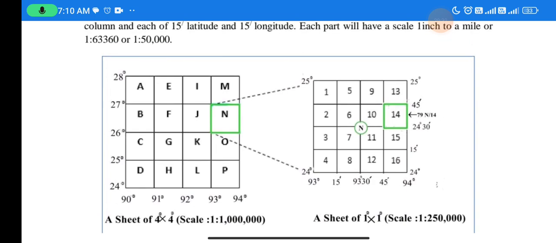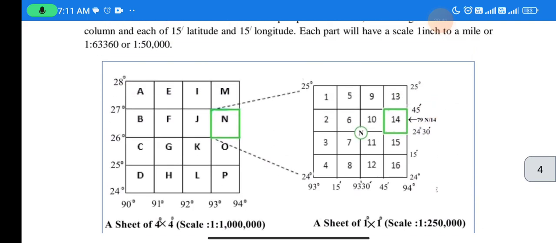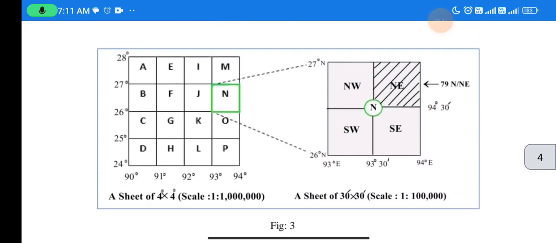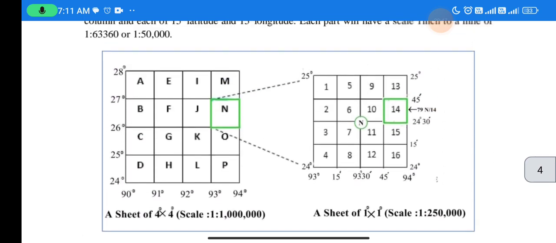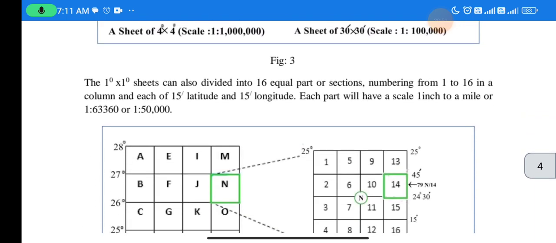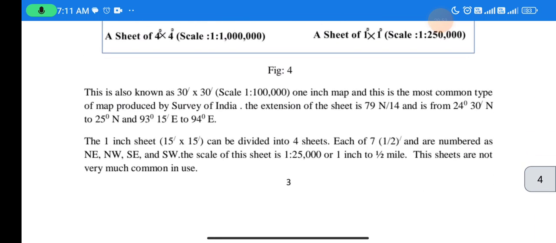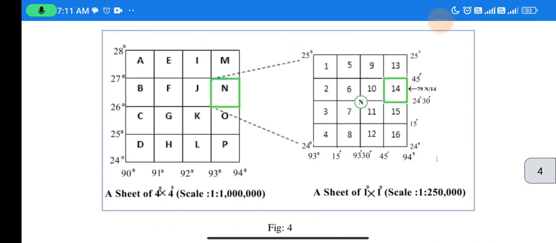So this is the 1 inch. Yes, this is the 1-inch sheet. This 1-inch sheet can be divided into 4 sheets. It's already discussed, na? This is the 4 sheet. What is he talking about? I don't know. Yes, it was divided into 4 sheets, na? Then again talking about each of 7 1/2 minute.